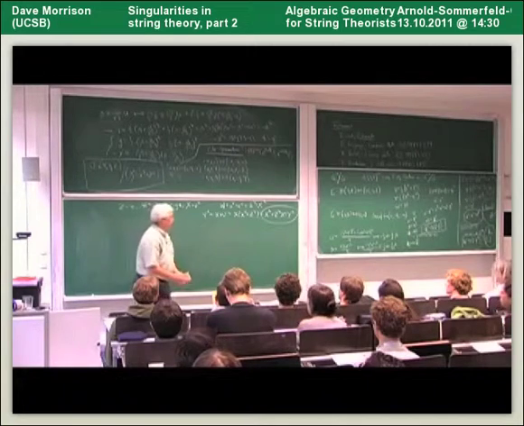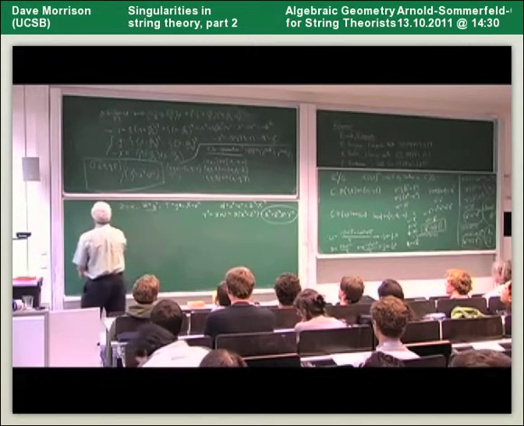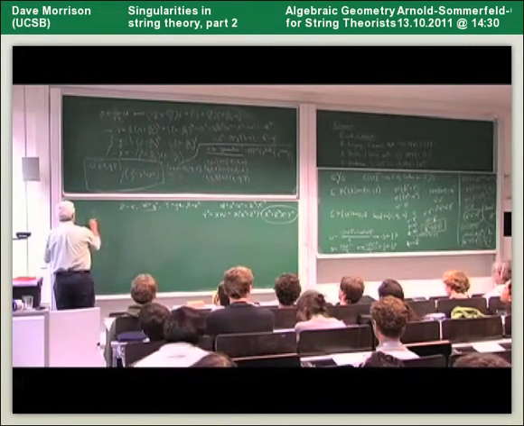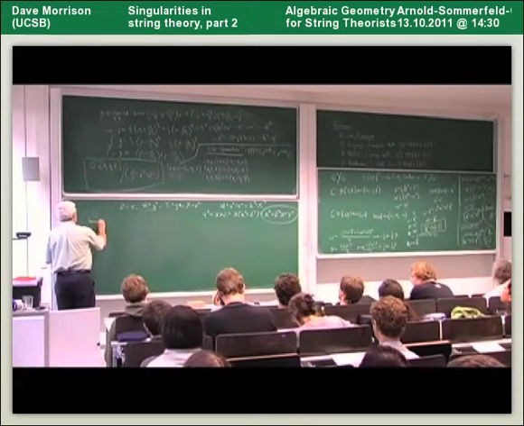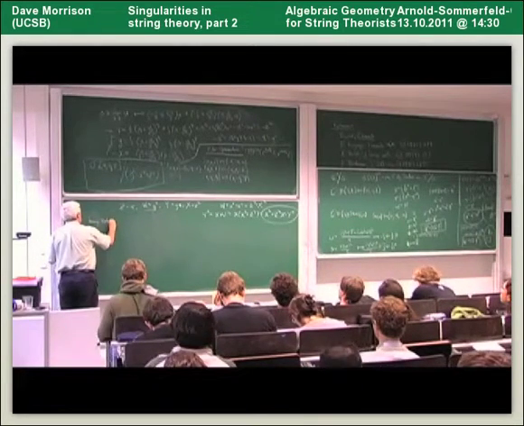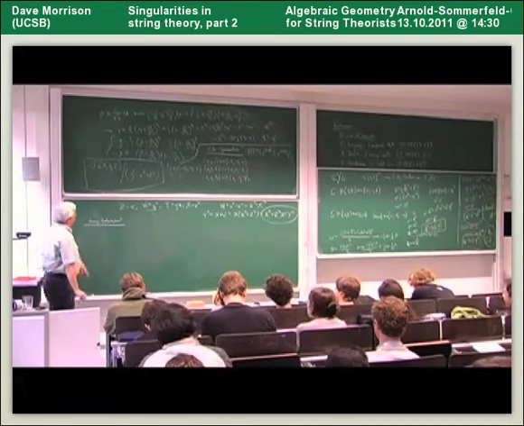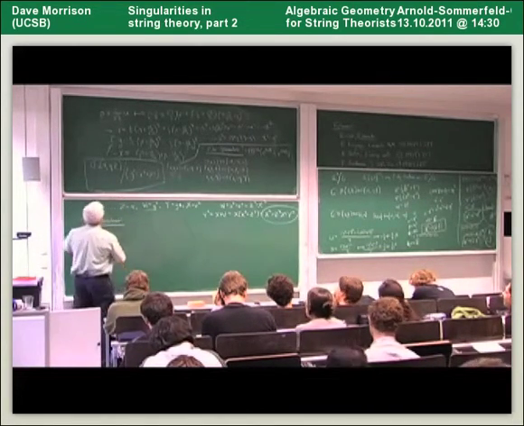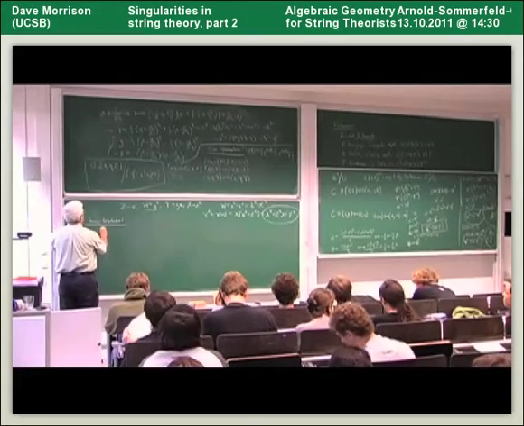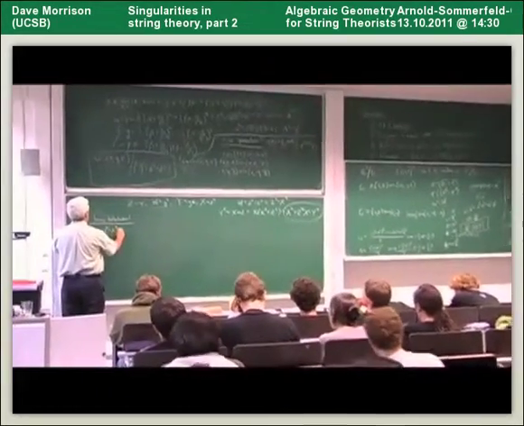And I'm only going to do the resolution explicitly for this tetrahedral case. So this is the binary tetrahedral group. Binary just means I lifted it to SU2. So this is the case where my equation is y squared equals x cubed plus z to the fourth.